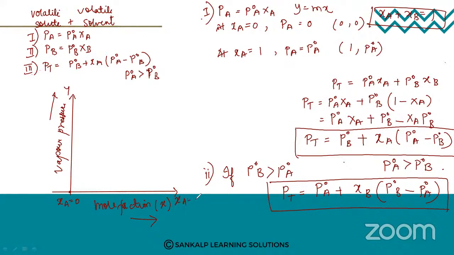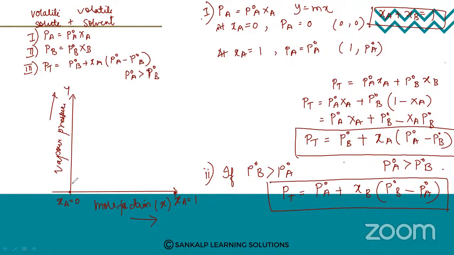Now, at chi of A equal to 0, P_A will be equal to 0.